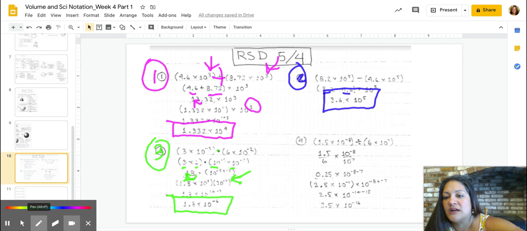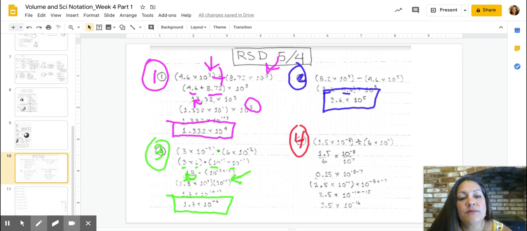And number 4 I see is division. 1.5 times 10 to the negative eighth divided by 6 times 10 to the seventh. Okay, so when we do this, look, we can put like terms together, and we're going to subtract the exponents.